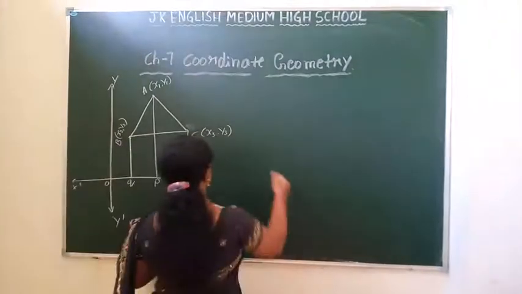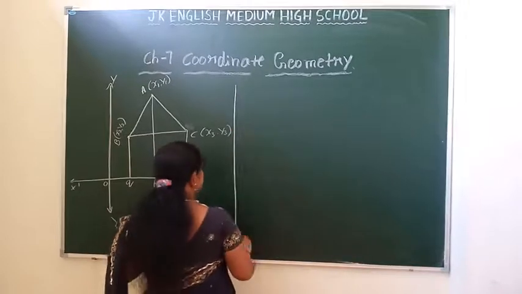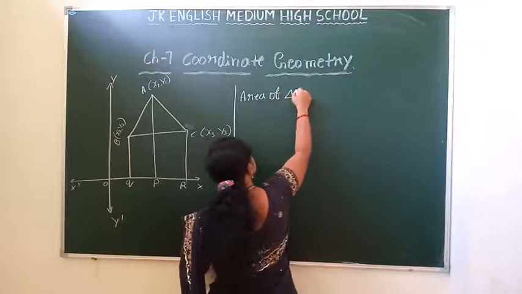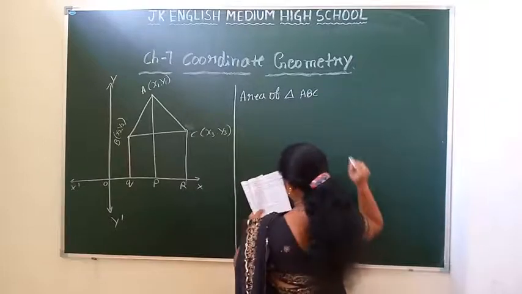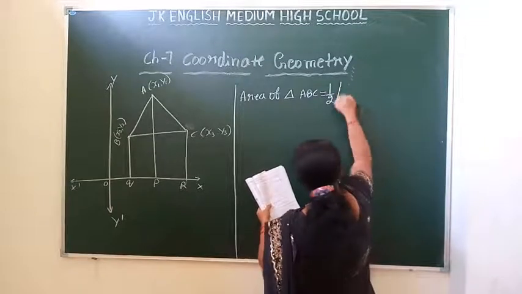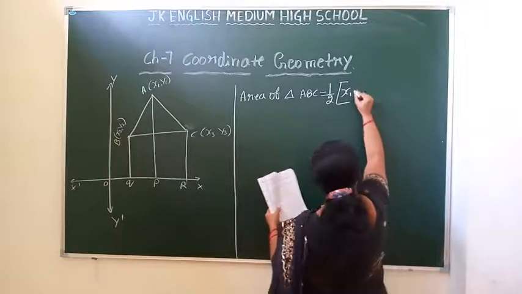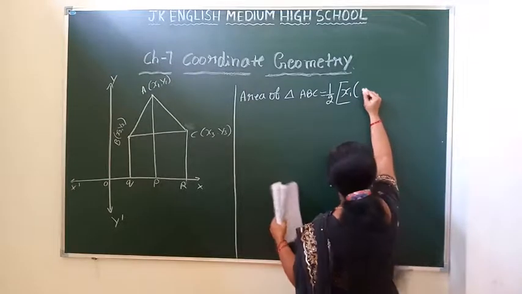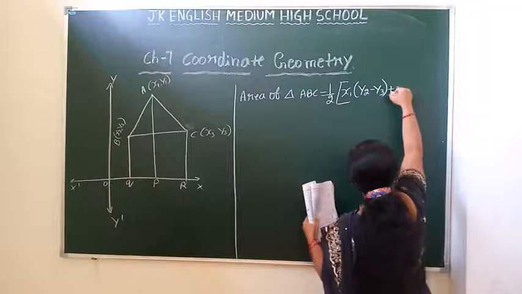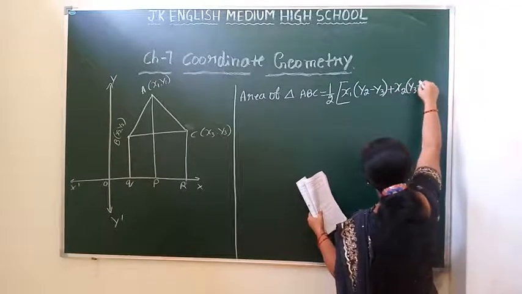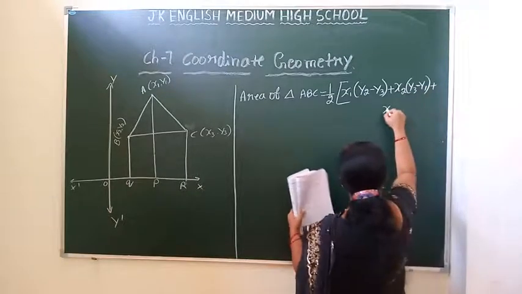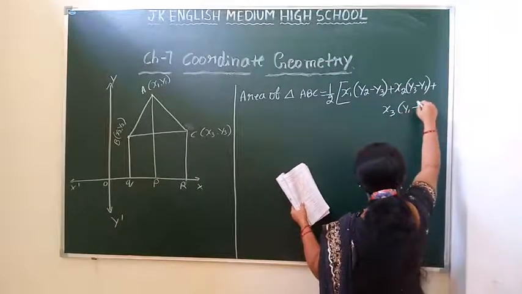Directly I am going to write that formula, which we can use. Area of triangle ABC, we can use this one formula, that is half of x1 into y2 minus y3, plus x2 into y3 minus y1, plus x3 into y1 minus y2.